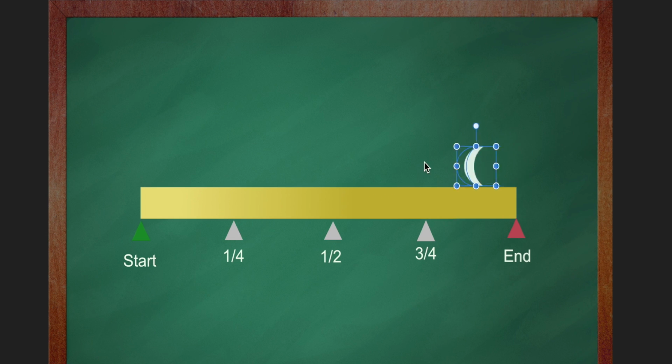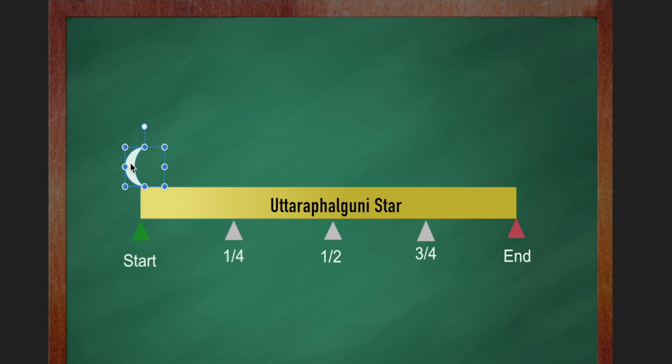It could have been anywhere, but when I was born, the moon was somewhere around here. If the moon was here when I was born, then because this is just the starting point of Uttara Falguni nakshatra belonging to the sun, the balance of Dasha would have been the entire 6 years.